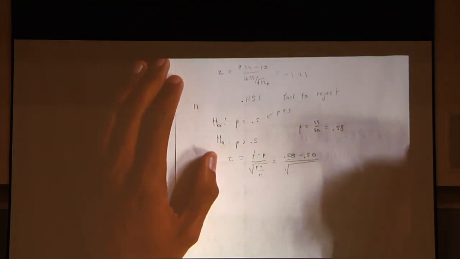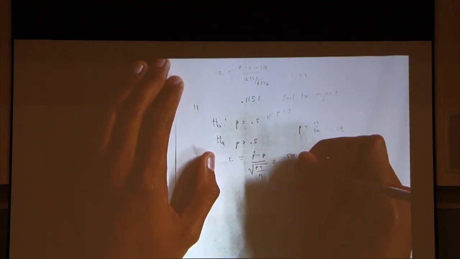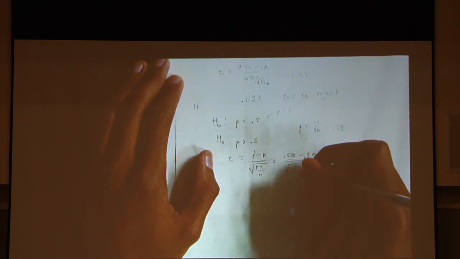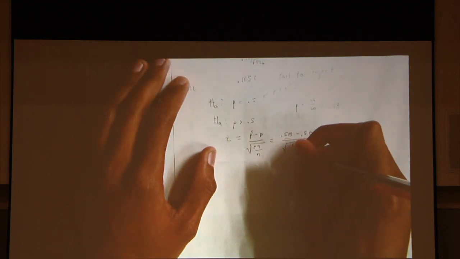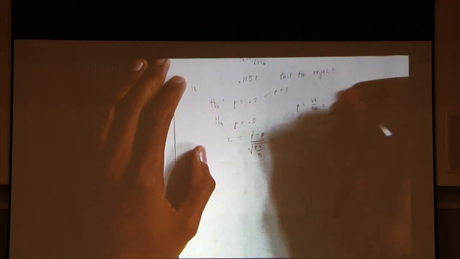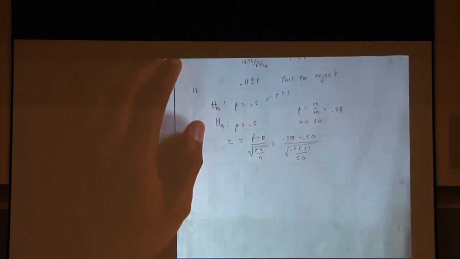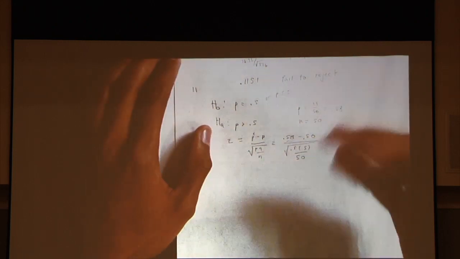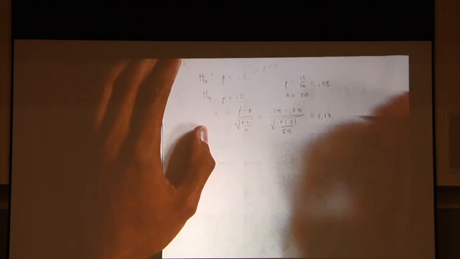You can either underestimate or overestimate, right? So 0.5, 0.5 over 50. The total number was 50, yeah. We don't want to check the 21 because those were the ones that overestimated. And this gives you a z-value of 1.13.